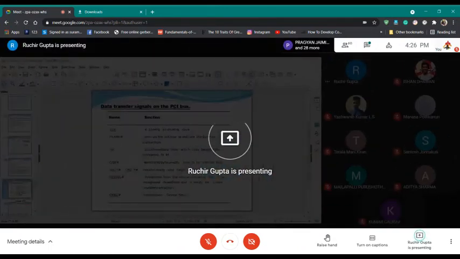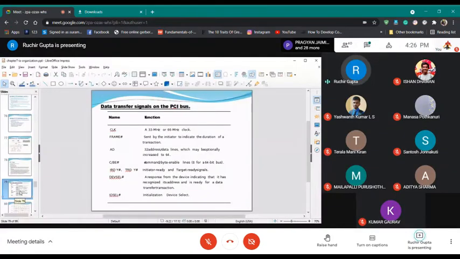So these are the signals that are available on a PCI bus. First, you can very easily see is clock. Another is frame, sent by initiator to indicate the duration of a transaction. And then there will be address lines, so 32 address lines, maybe 64 as well.